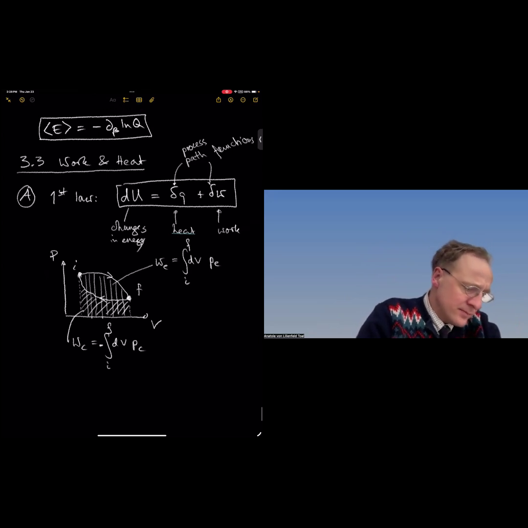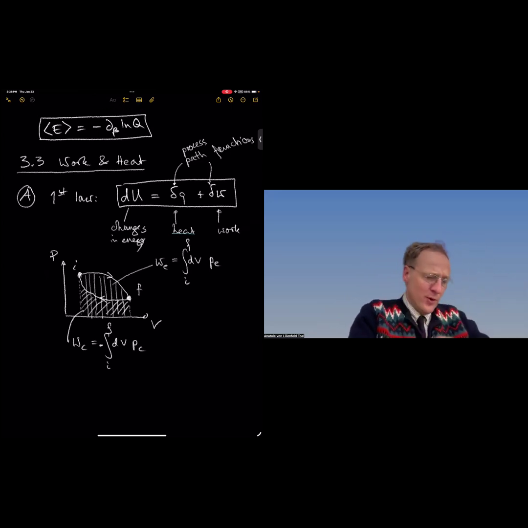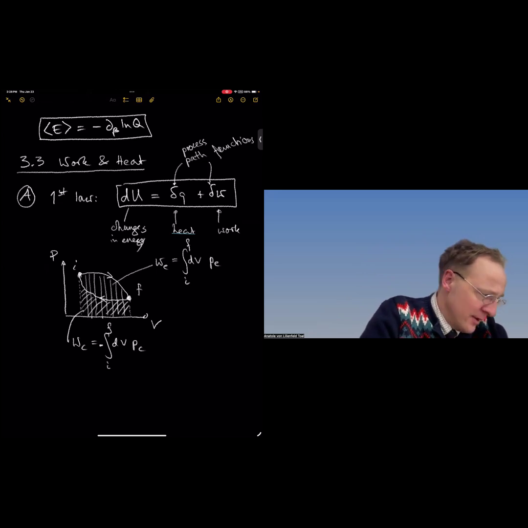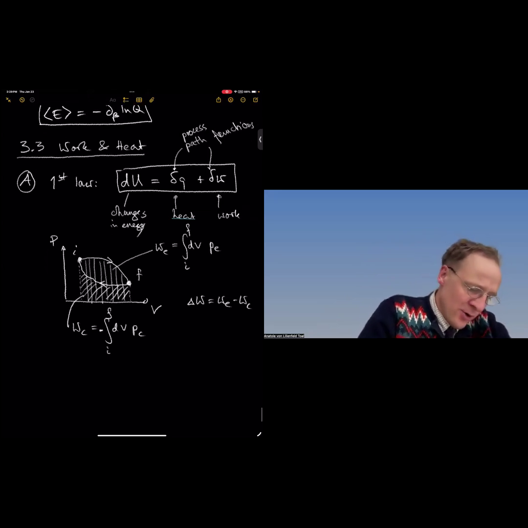Now, this is purely the work view on things, right? So your delta W is the expansion, right? And so the running variable here, the crucial variable here is the volume, right?